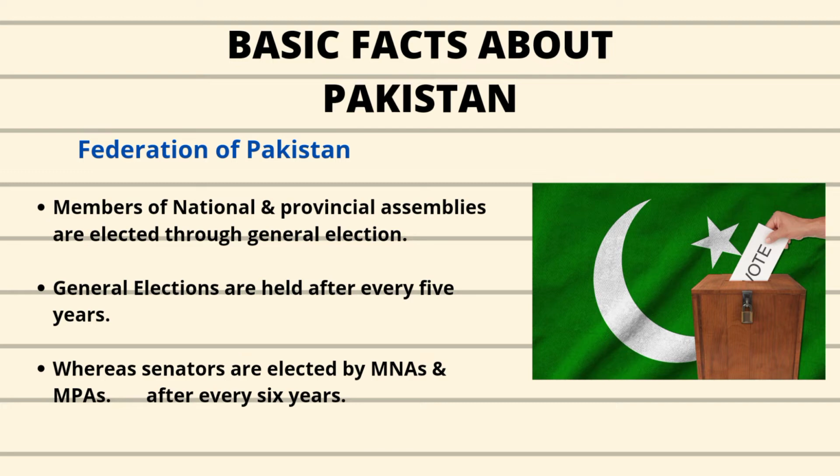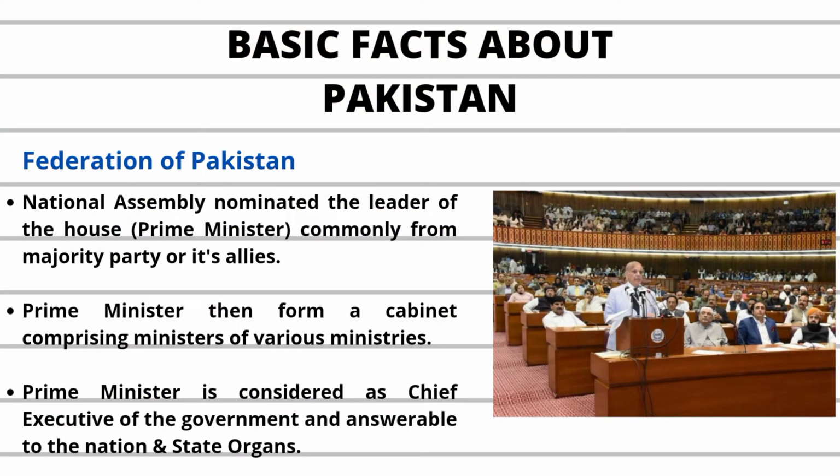They are nominated by the political parties, and based on their presence in the provincial and national assemblies, they elect their senators based upon their requirements. I have told this earlier. Then there is a slide on the Federation of Pakistan.